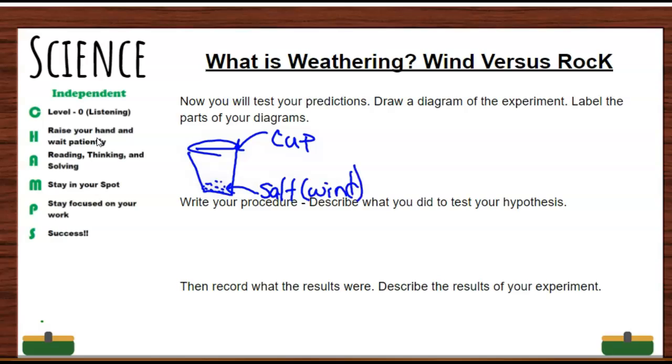And then I'm going to draw a piece of chalk in here. And my chalk is my rock. I'm going to give you a minute to do that. Set timer for 1 minute.